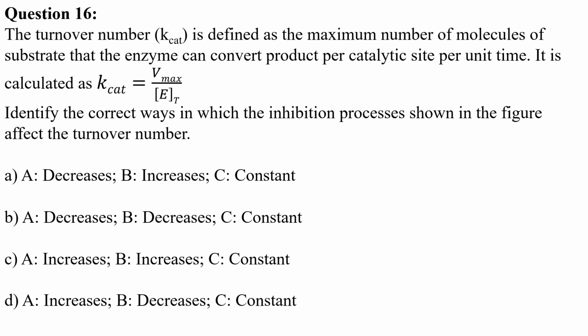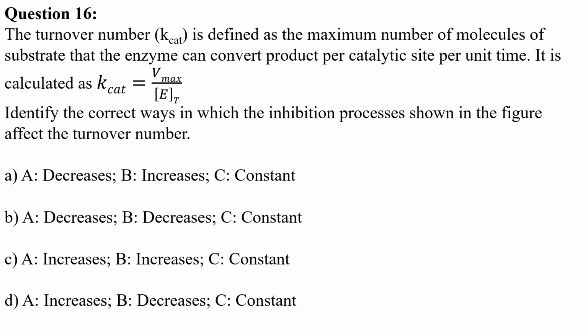It is the maximum number of molecules of the substrate that the enzyme can convert into product per catalytic site per unit time. It is calculated as Kcat equals Vmax upon Et. Identify the correct ways in which the inhibition process shown in the figure affects the turnover number.